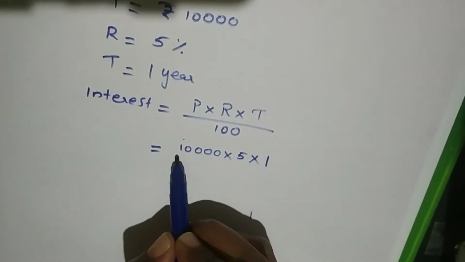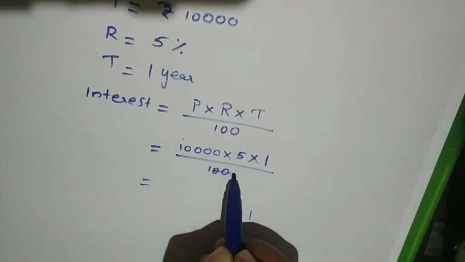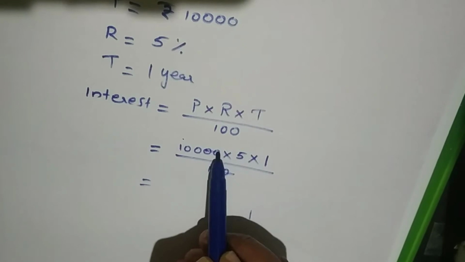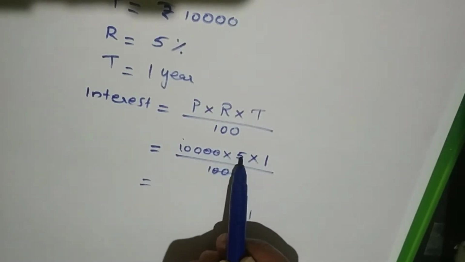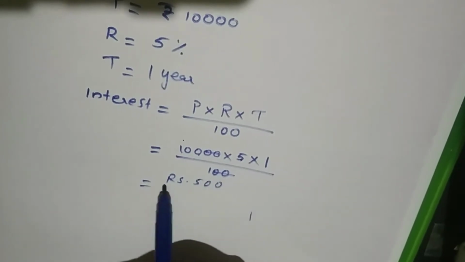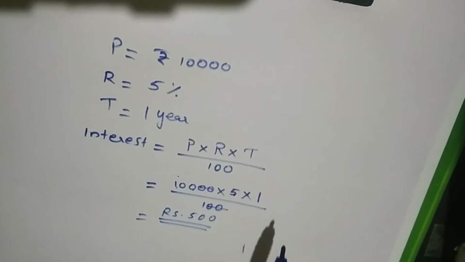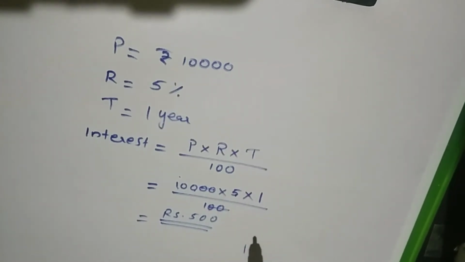So 1 on 100, these two zeros we can cut. 100 times 5, 500. So we can say 500 rupees is the interest for 1 year.